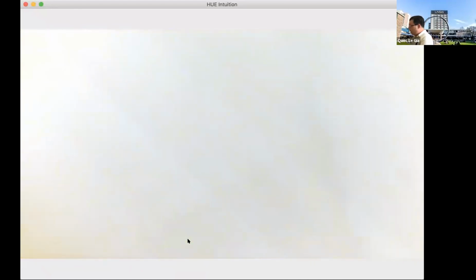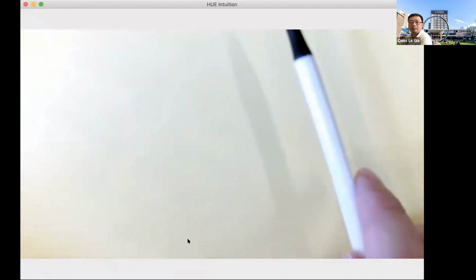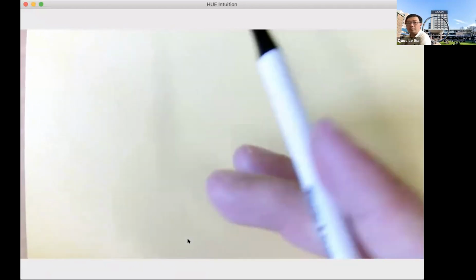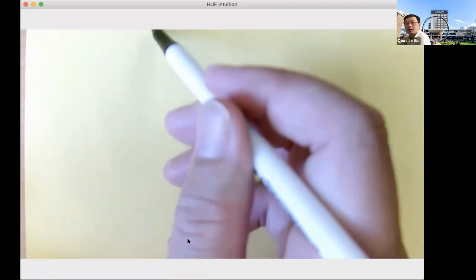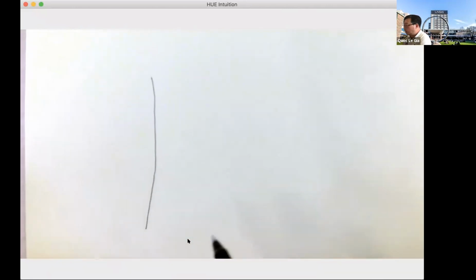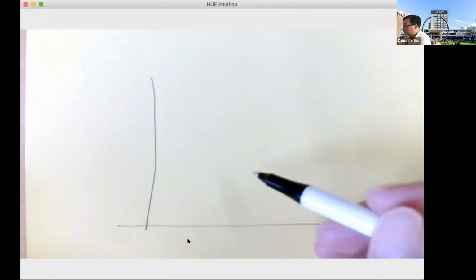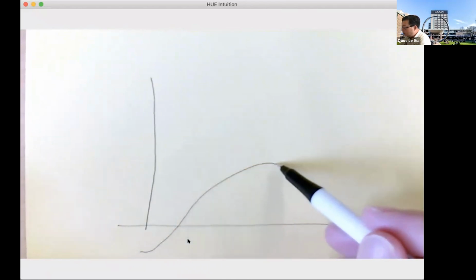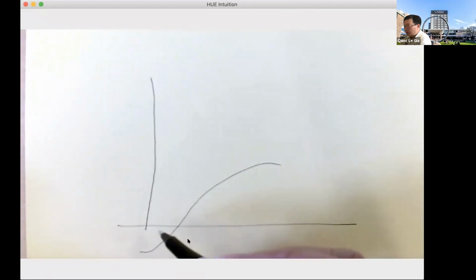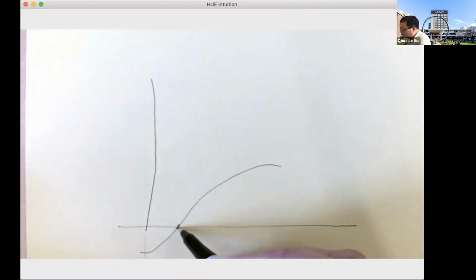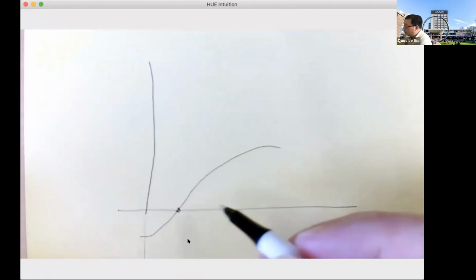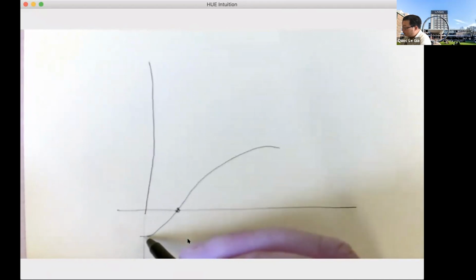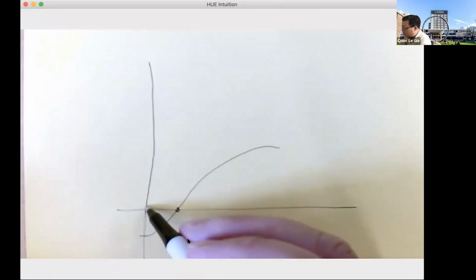So suppose you have a function. Suppose you have a continuous function like this, and maybe your function just has a 0 right here. Then first I check, suppose I have an interval.